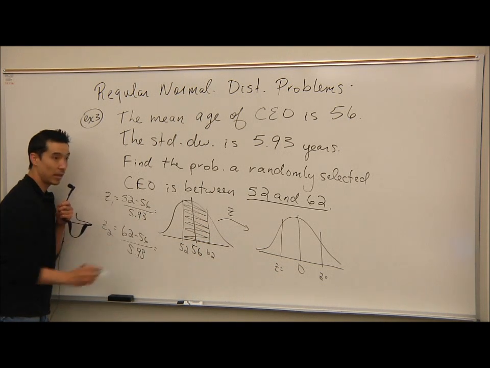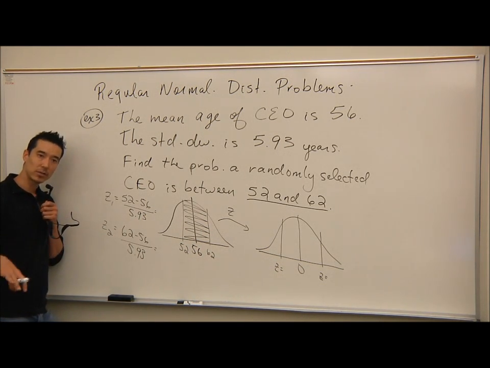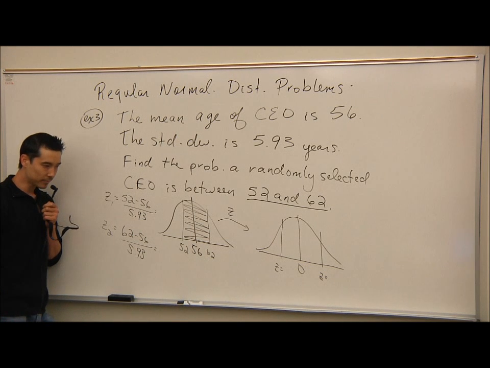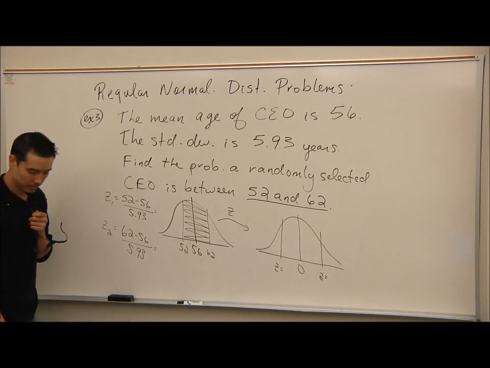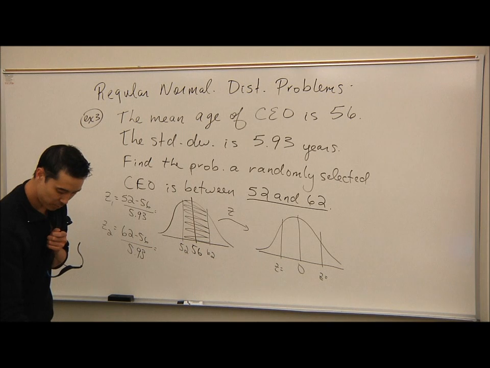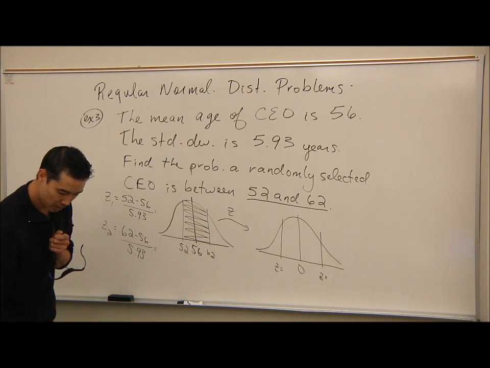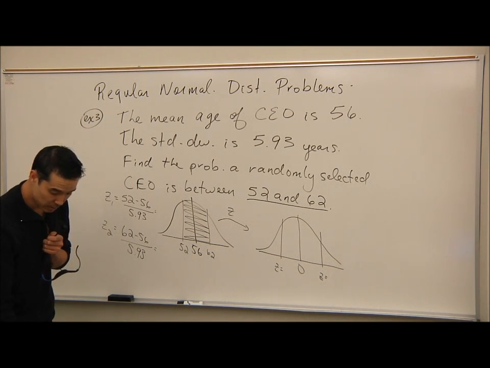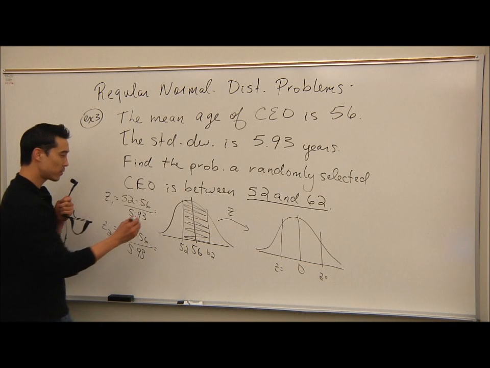Again, these are z-values, so let's go out 2 decimal places because our book only goes out 2 decimal places. On my first value, if I round to 2 places, you get negative 0.67.